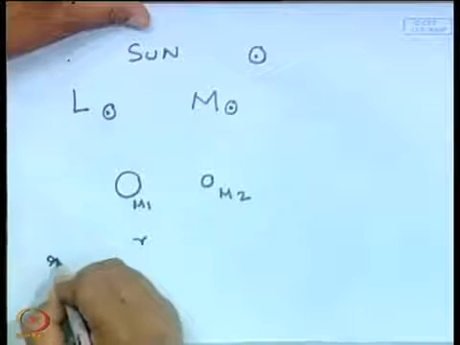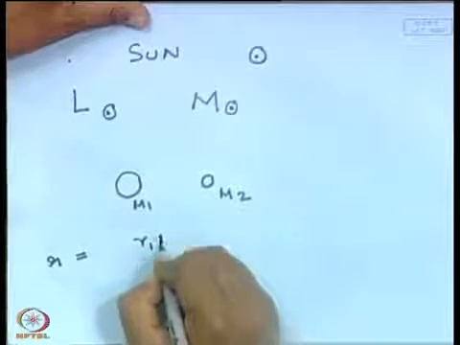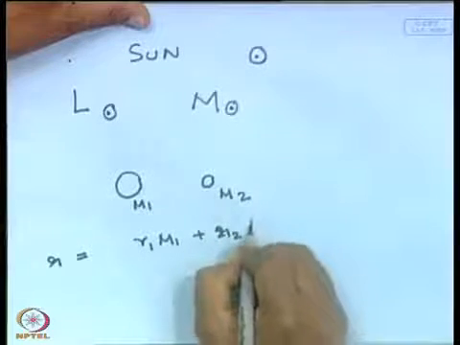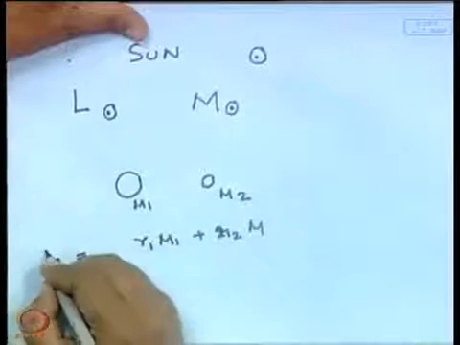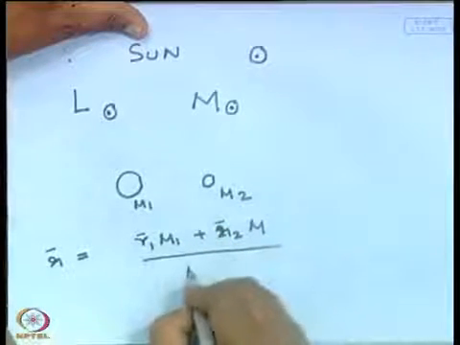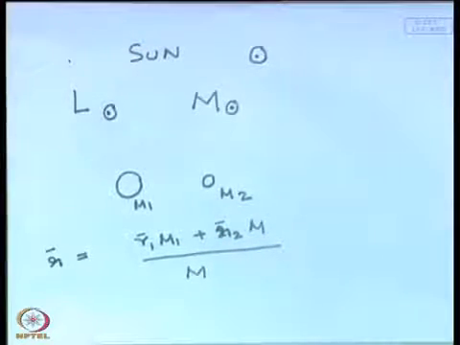The center of mass is r1 m1 plus r2 m2, these are vectors, divided by the total mass m. So, it is quite obvious that the center of mass of the solar system is quite within the sun. So, you can think of it as basically being the sun.